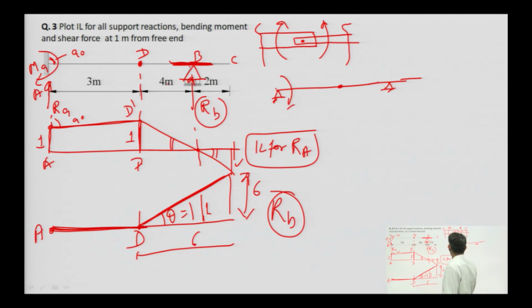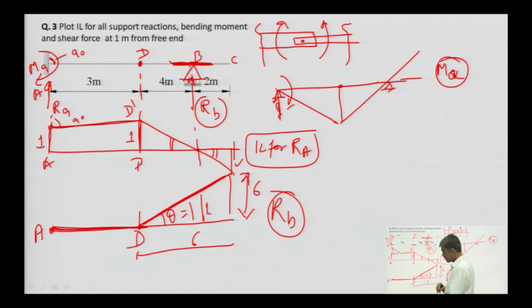So, we will have rotation, this one rotates, that will be the IL for MA. And unit displacement will be this one, theta is equal to 1. So, with the help of that angle, find the ordinate y and calculate that. So, this is the Mueller-Breslau principle.